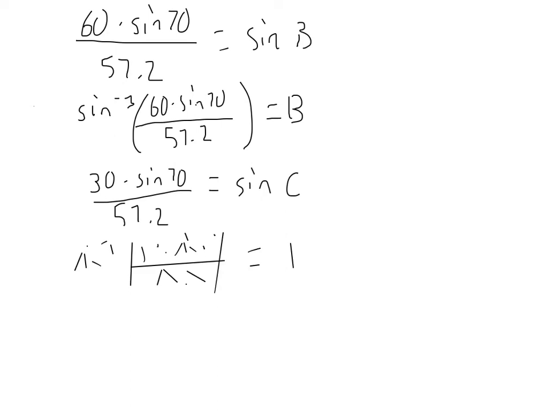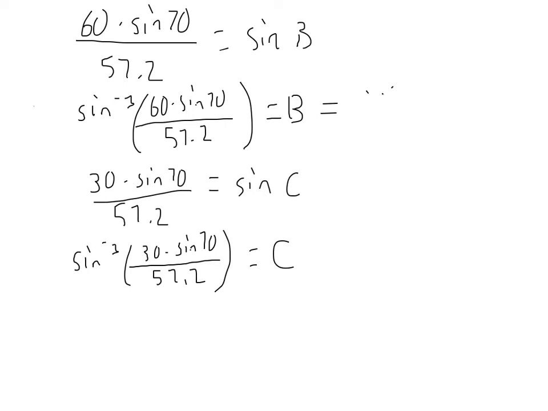That will give us angle C. Angle B is approximately 80 degrees, and angle C is approximately 30 degrees. Let's verify it. 70 plus 80 plus 30 equals 180.